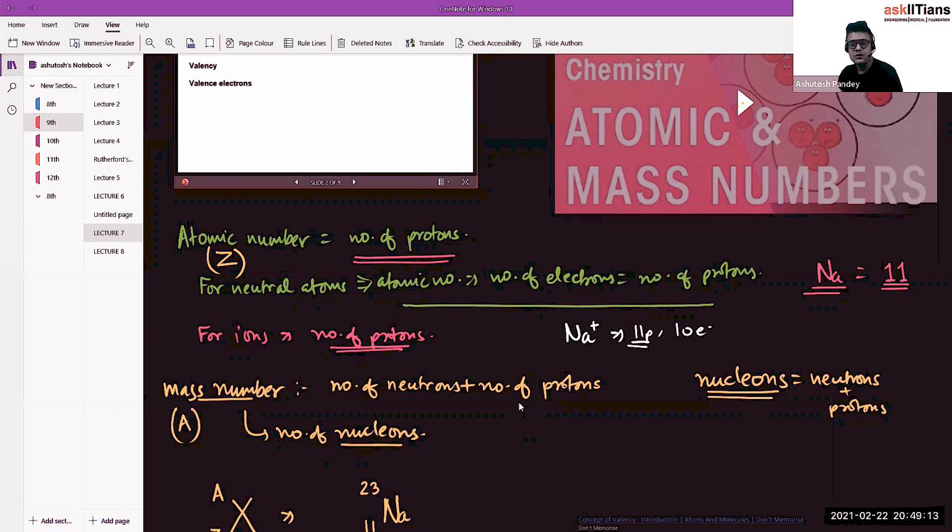Since they reside inside the nucleus, they are called nucleons.